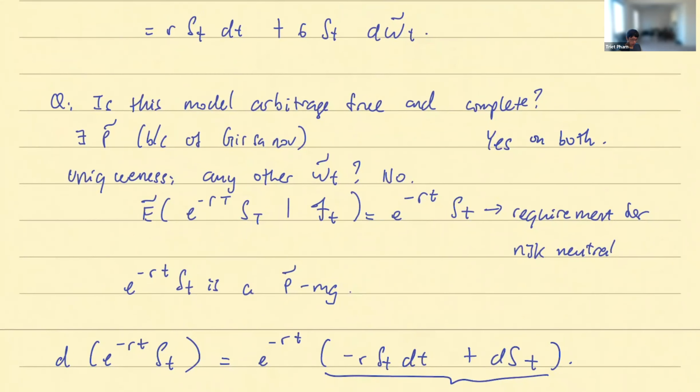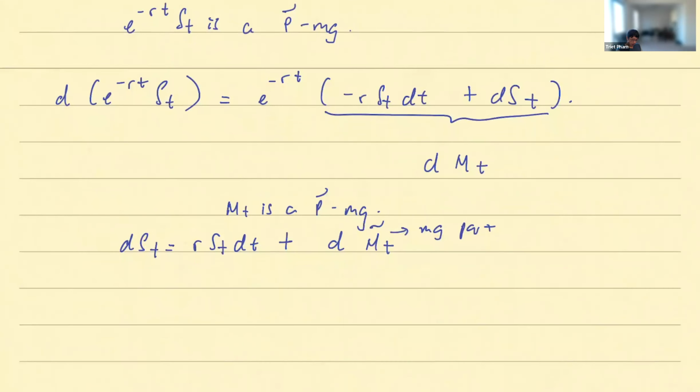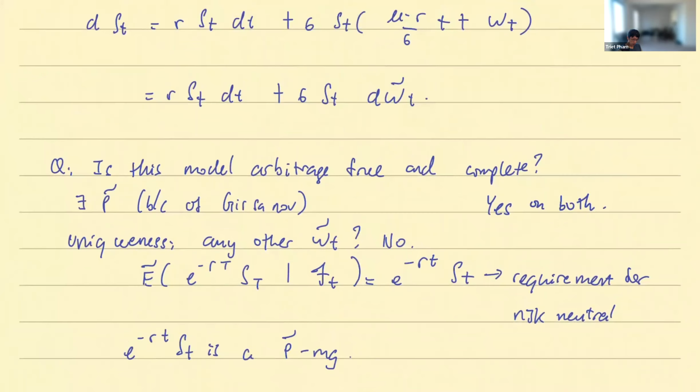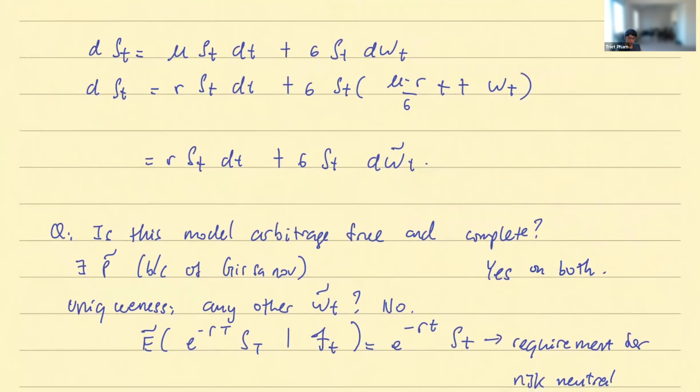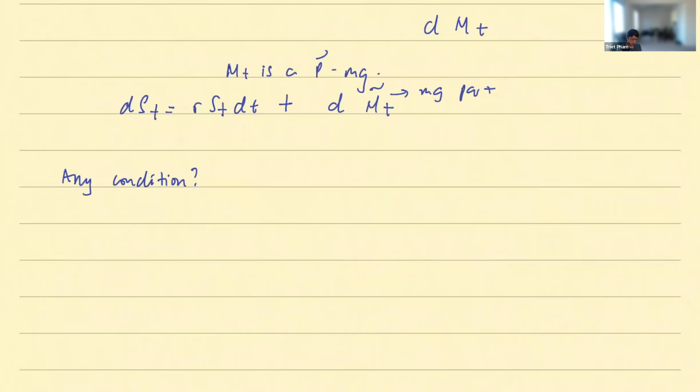So this model is arbitrage free and complete, but is there any condition? Is it always true that the Black-Scholes model is arbitrage free and complete? Well, you may not think of it as much of a condition, but you need this.